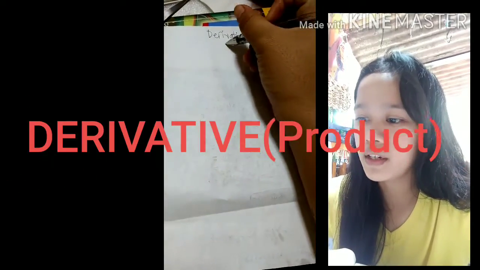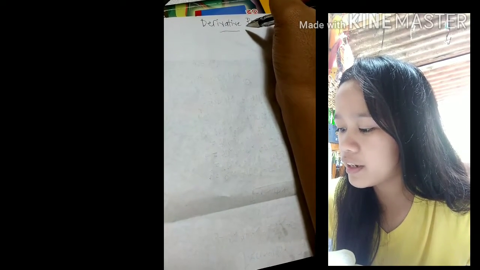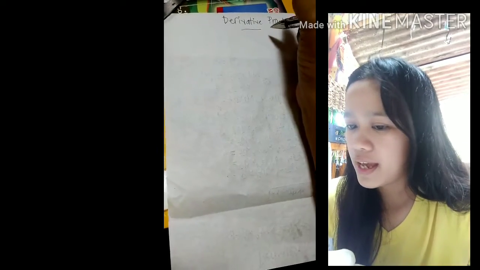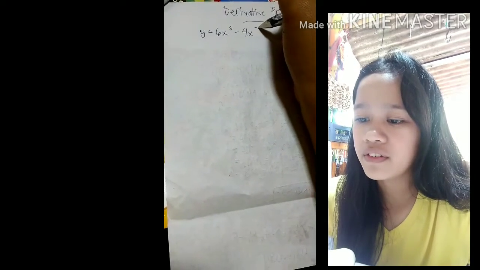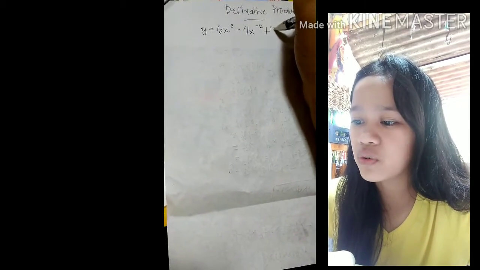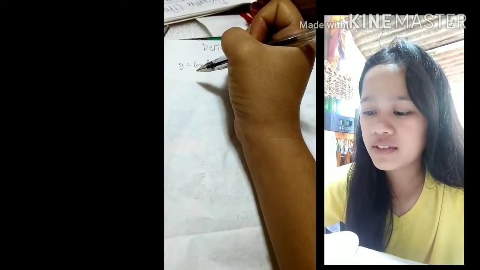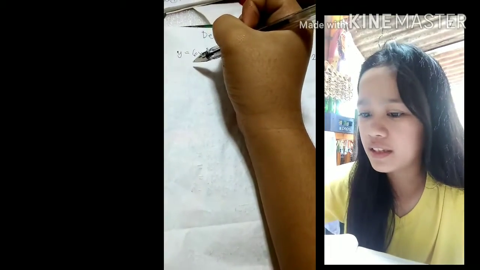So the derivative product is finding the second derivatives of the number, and we are going to simplify the number with parentheses. After that, we will substitute the value of x. So here is the equation: y equals 6x cubed minus 4x squared, plus 7x plus 12. As I said, we are going to find the derivatives.